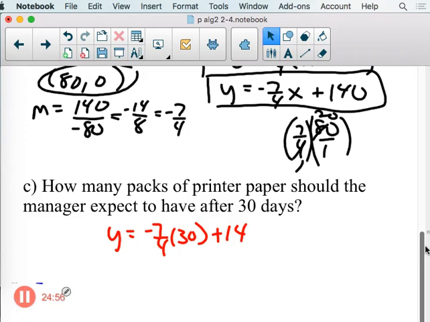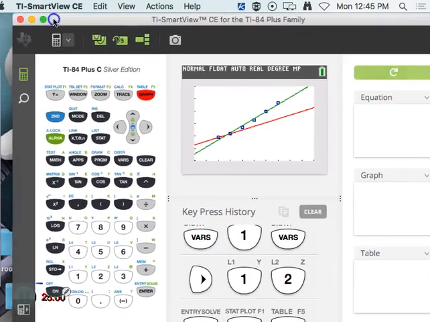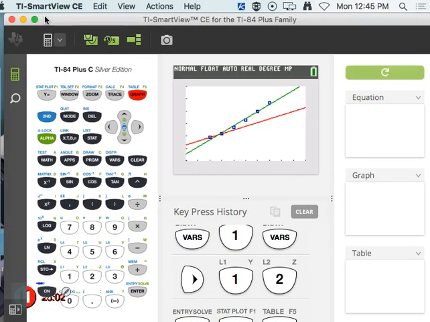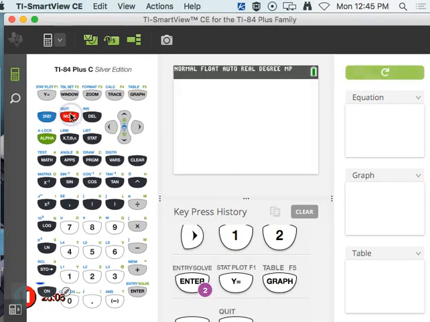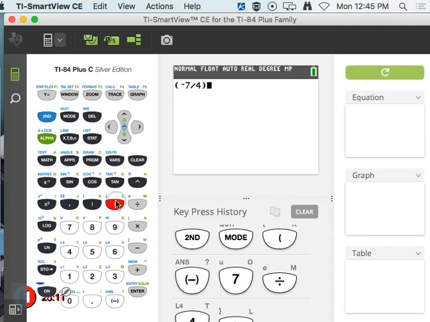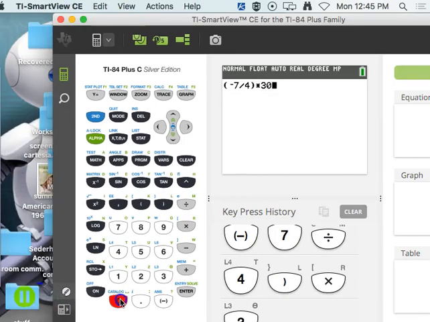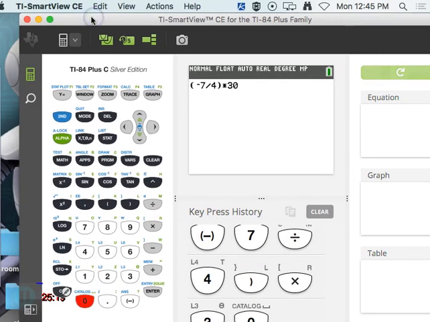Well, I have to have this handy dandy calculator right here. We had a -7/4. And we're supposed to take that times 30. Oh, I'll do the 0 because the screen is in the way. There we go. And add 140. Or was it subtract 140? Add 140.